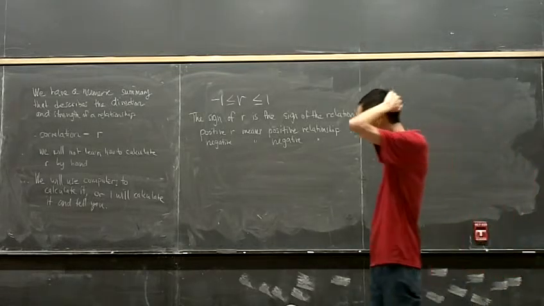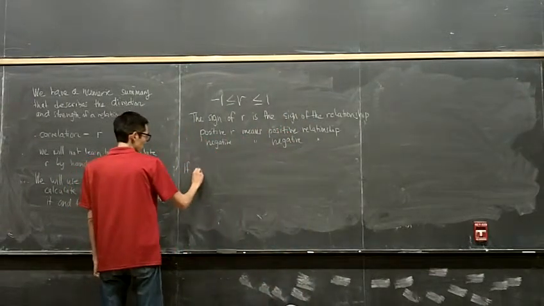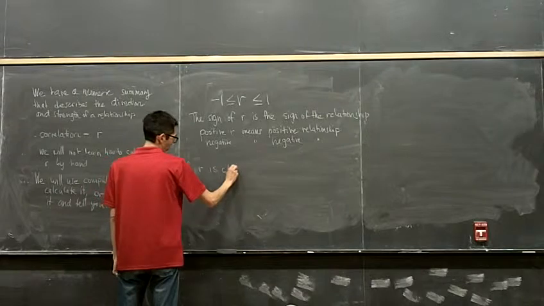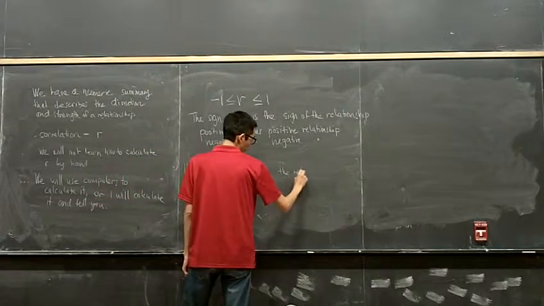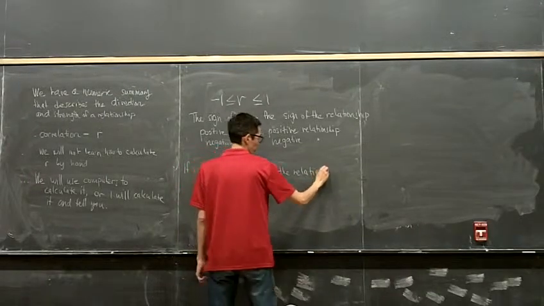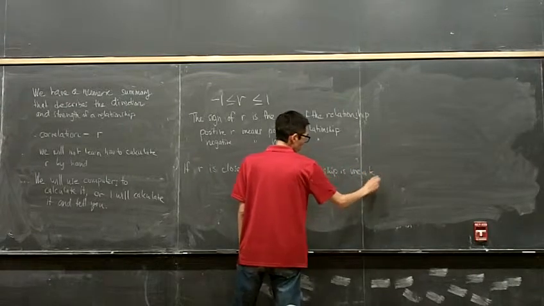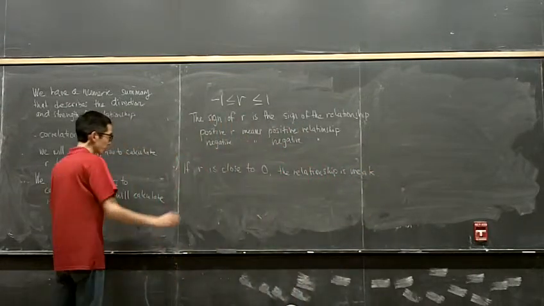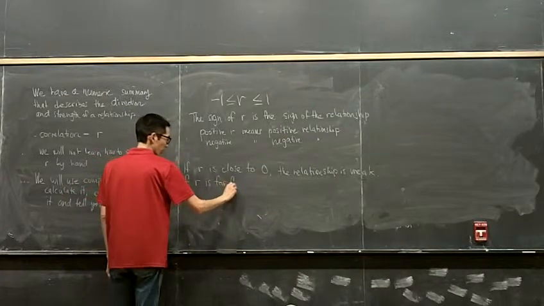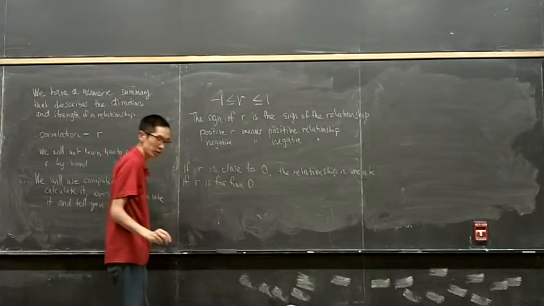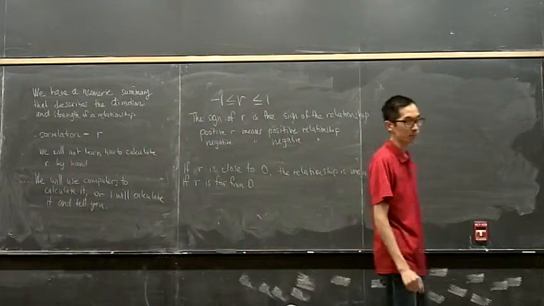If R is close to 0, the relationship is weak. And if R is far from 0, so what does it mean for R to be far from 0? Okay.